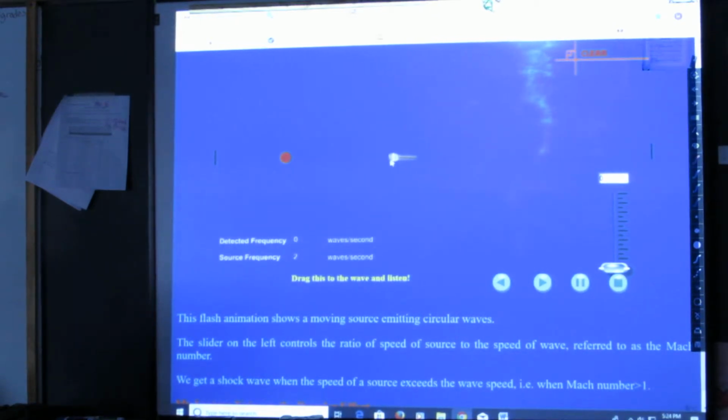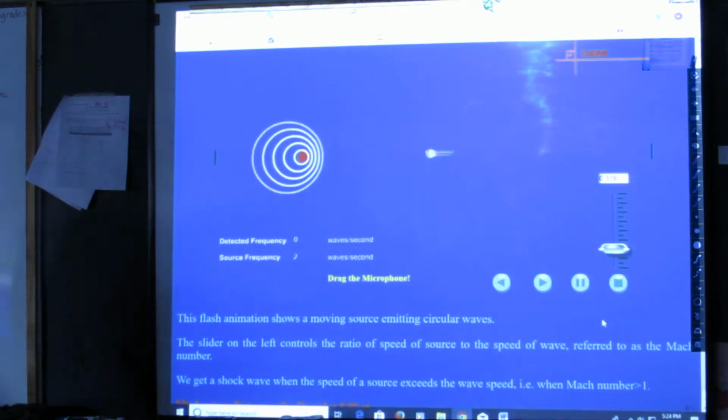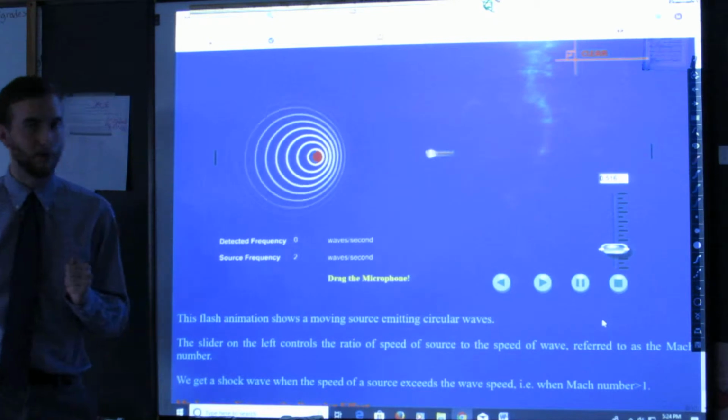Now let's give it some speed. Let's let it move. I want you to watch the sound waves. They're not concentric circles anymore.